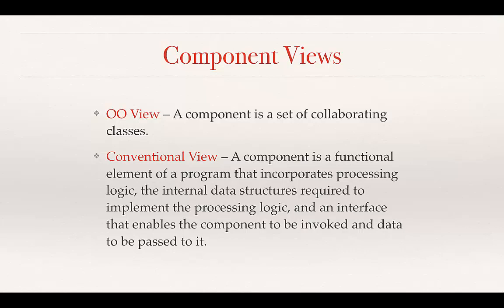However, the OO definition seems to be more in line with the idea that a component consists of a package and all the classes it contains. The definition is not necessarily clear-cut, but the key things to remember are those in the conventional view. A component has an interface that allows a user to use it in their system, and a component has an implementation that allows it to run on the user's system.